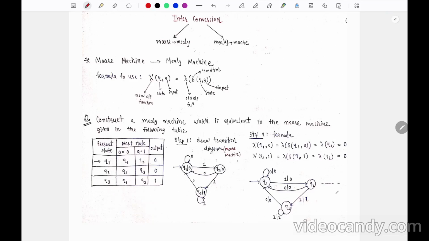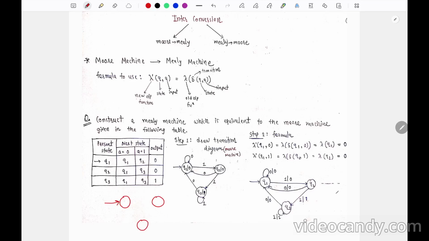Now we will see how we can convert from this transition diagram of the Moore machine to the Mealy machine. First, we will see directly how we can draw the transition diagram from Moore to Mealy. Then after, we will use the formula and try to find the Mealy machine diagram. First, we have to draw the three given states: Q1, Q2, Q3.